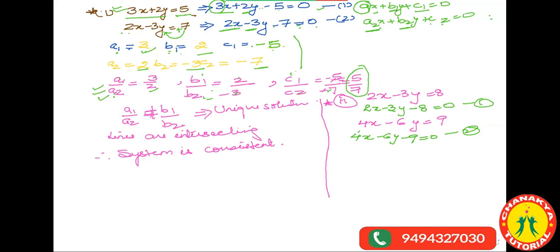Yes, good, they are not equal. If they are not equal, then, as I told you in the first condition, the lines will be intersecting, and in case of intersecting lines, the system will be consistent because there is a solution. Whenever there is a solution, the system will be consistent. Okay, so in this way we have started this question.